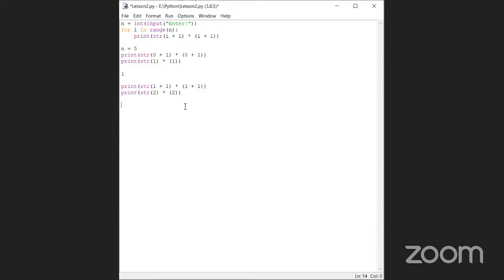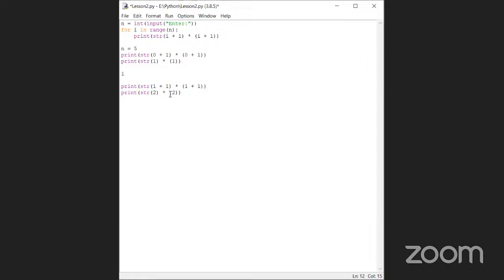What's going to end up happening is that you convert 2 to string because that's the thing you're concatenating, and you're going to concatenate it twice because it's times 2. And note how this 2 right here, I did not convert it to string because that's the thing you're multiplying by. That's how many concatenations it will have.